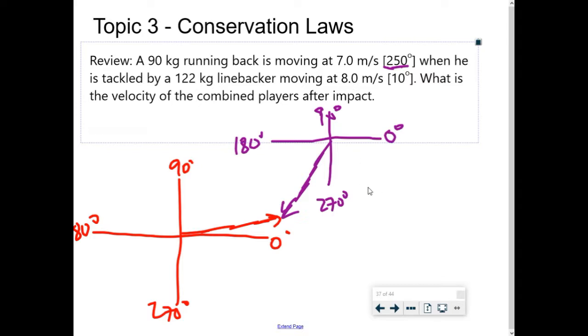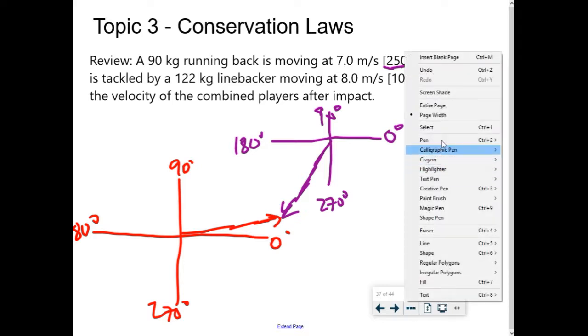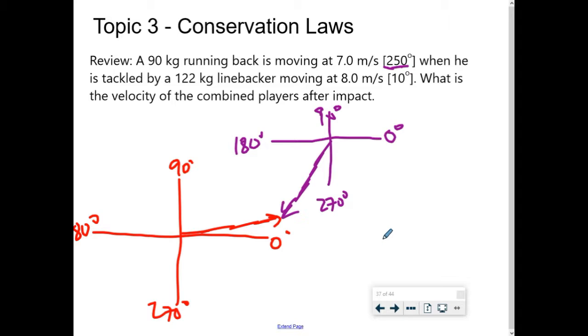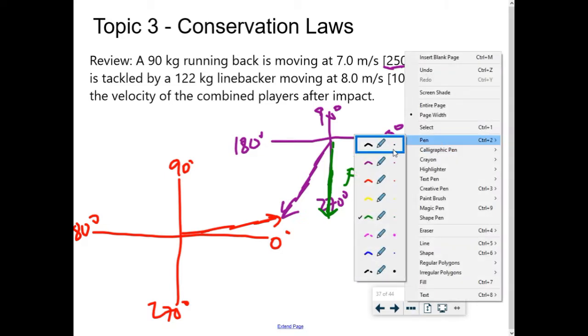So hopefully this is something that you're somewhat familiar with. We need to break this up into vector components. I like to draw it maybe something like this. I'm going to draw in green right here. This guy that was traveling, say, downhill, has a bit of momentum that's going in the y direction. And I'll use a lot of colors to help coordinate this.